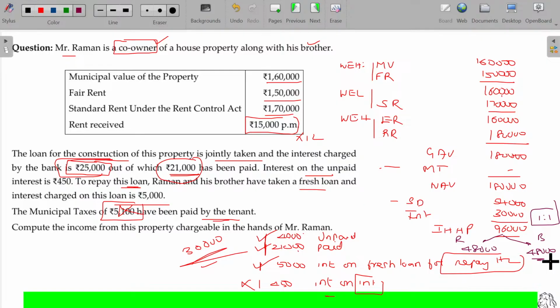So, for the clarification, what are the interests that can be deductible? I have given a list. Finish up copying this.